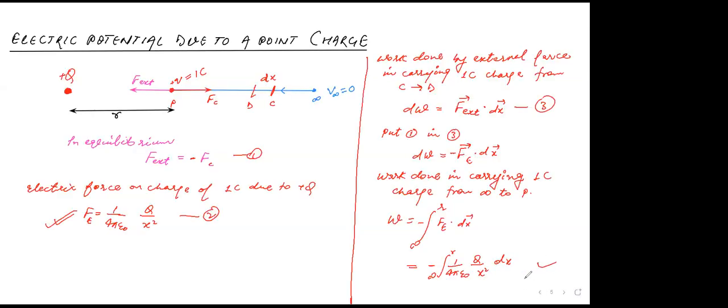Now we have W is equal to, what is the last equation here? Minus of 1 over 4 pi epsilon naught. Okay.